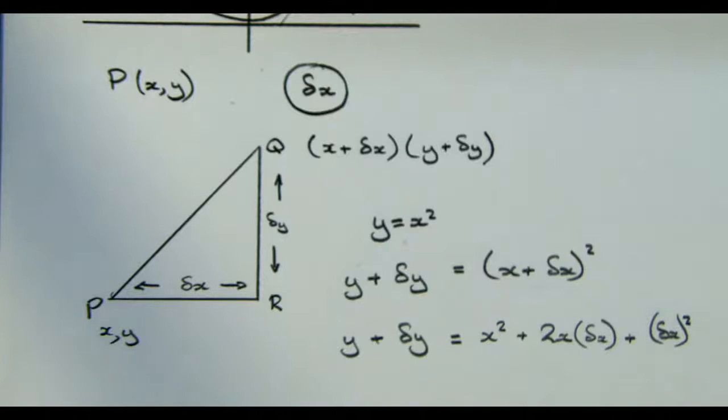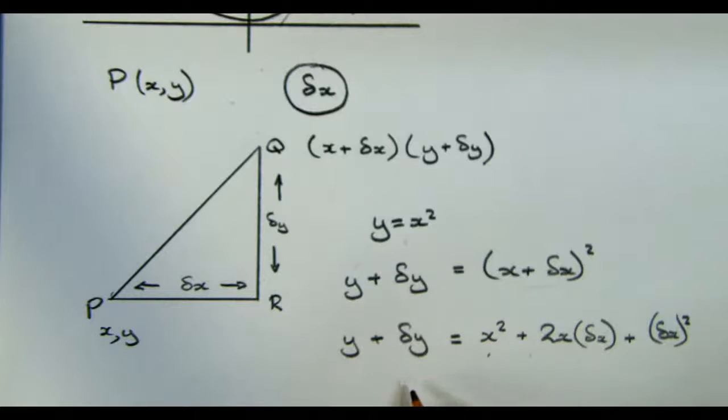So what else do we know? Well, at the point P, we know simply that y equals x squared. And we know at Q that y plus delta y equals x squared plus 2x delta x plus delta x squared.